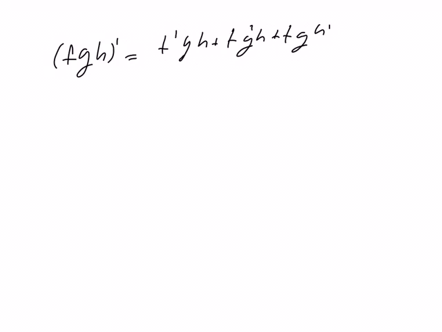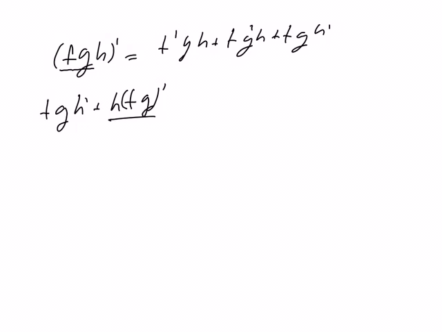So we can think of fg as a single function, and this is just going to be fg times h prime plus h times (fg) prime. And then let's just find this.